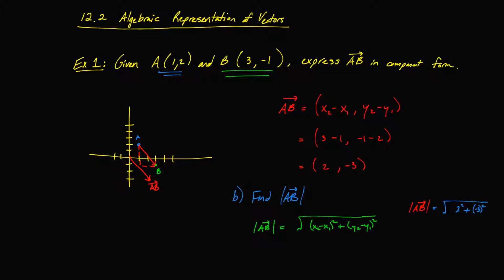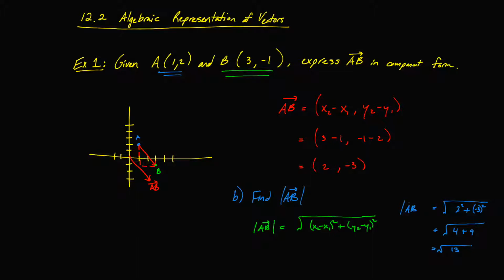Almost got tripped up there. Make sure you square that negative as well. And 4 plus 9 is 13, so it's going to be root 13. So that's going to be our answer for this one. Let me just erase it and make it blue for our notes.